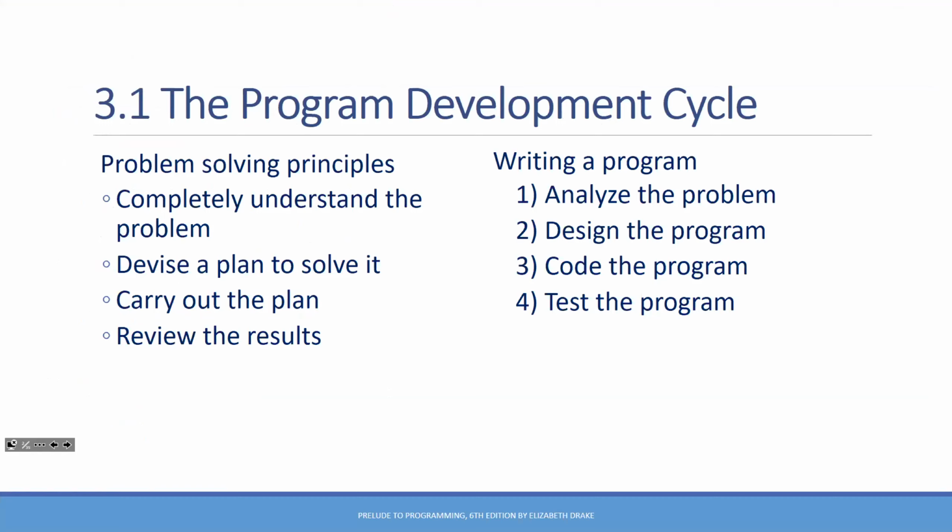So we saw in chapter 1 that we're really concerned about the program development cycle. We are trying to solve problems here. We know that we have to understand a problem before we can solve it. And then we have to come up with a plan, carry out our plan, and review the results.